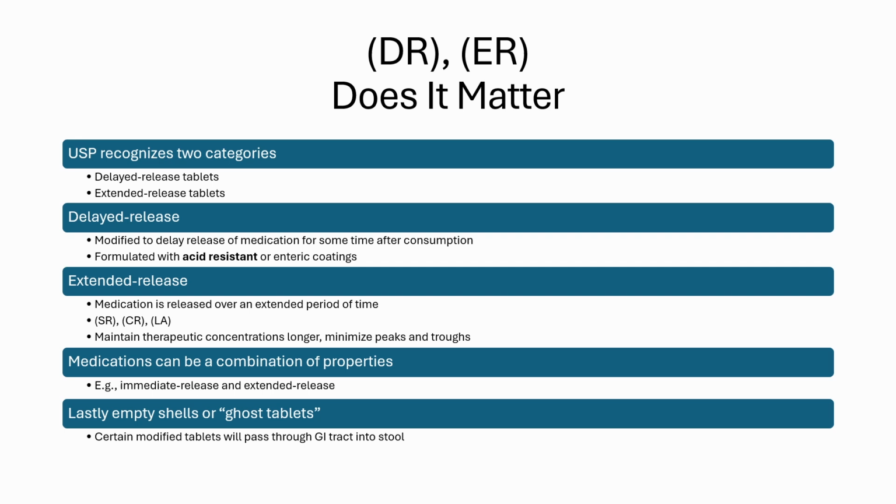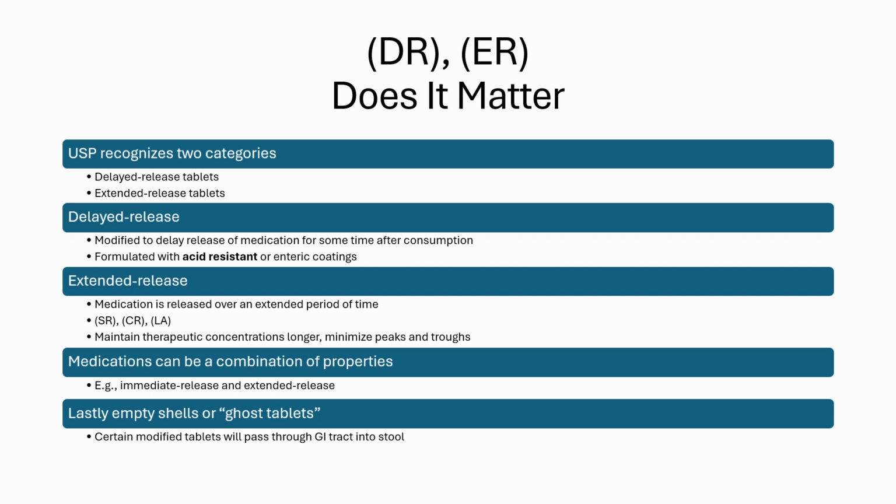They're formulated with acid-resistant or enteric coatings to protect them from the stomach acids. Extended release medications are released over an extended period of time. These are the medications that are abbreviated with SR, CR, and LA. They help maintain more even therapeutic concentrations over a longer period of time. They minimize those peaks and those troughs that we get from immediate release medications.